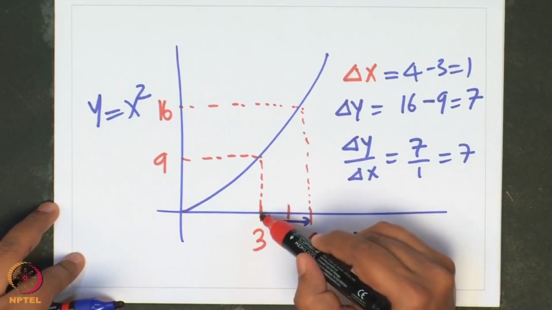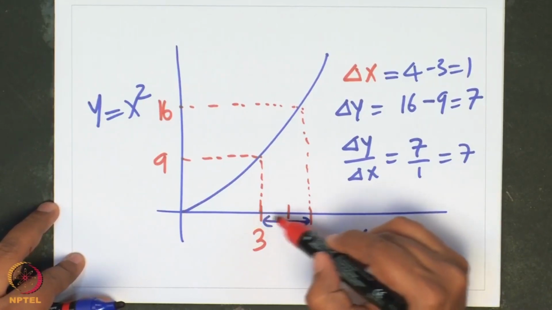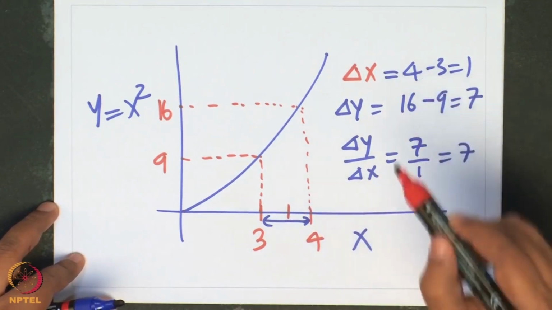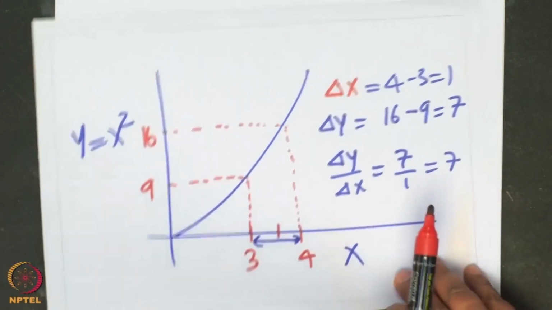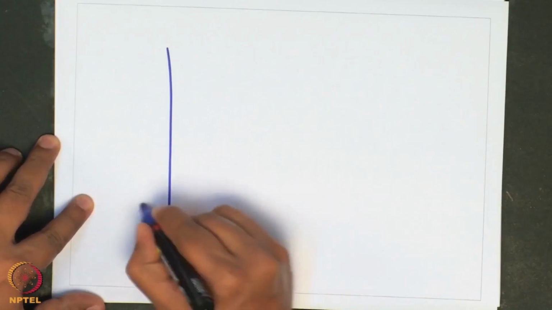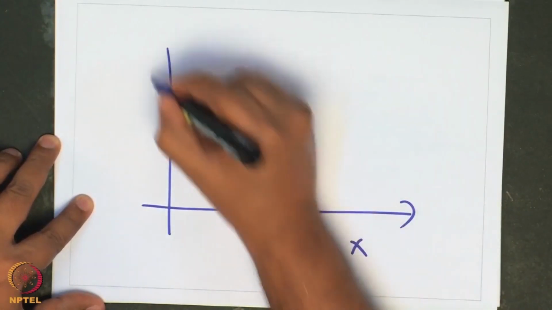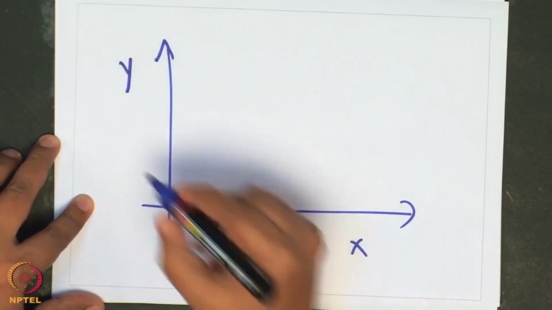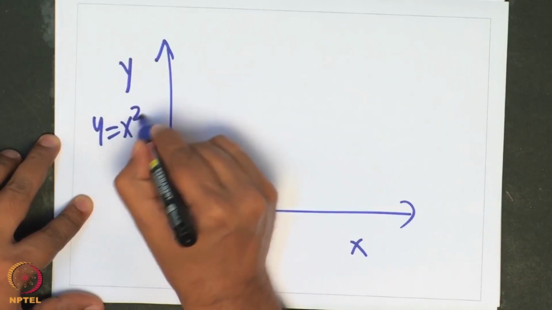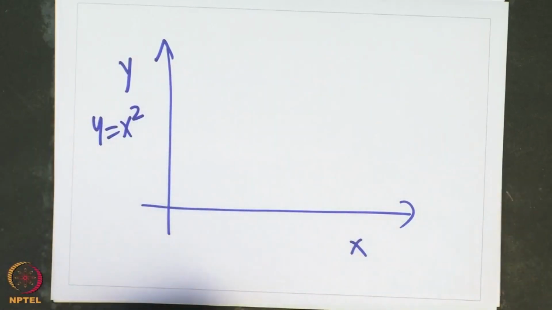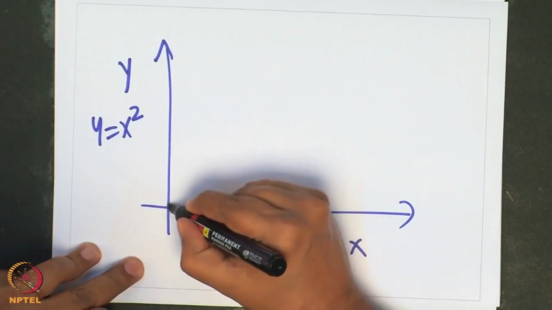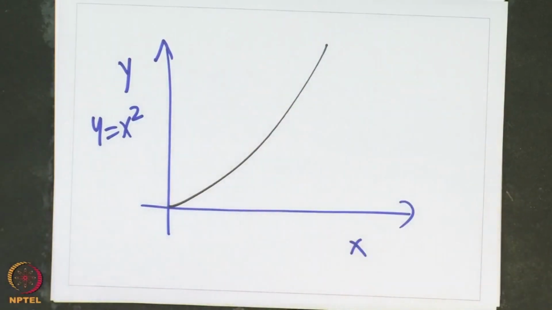So now let us calculate again here in the same region just after 3, but taking delta x equal to 0.5, and let us see what we will get. So let me plot the same curve. This is my x, this is my y. So y is equal to x square is what I am going to plot.